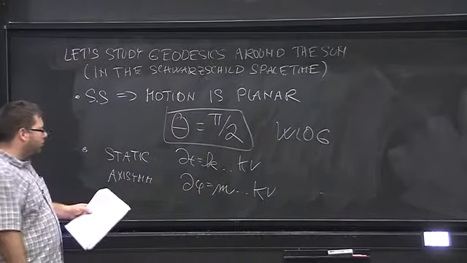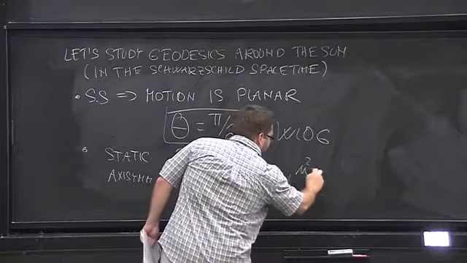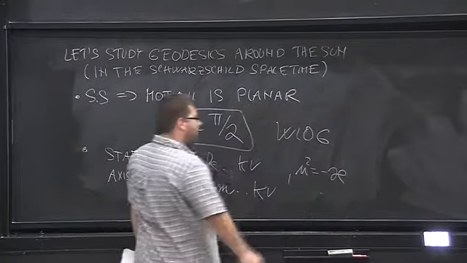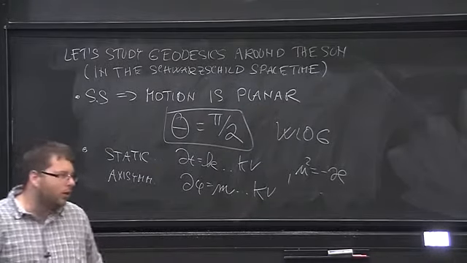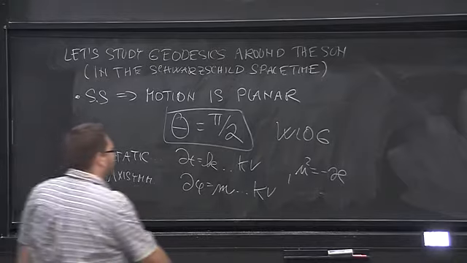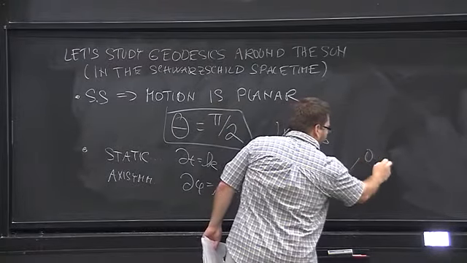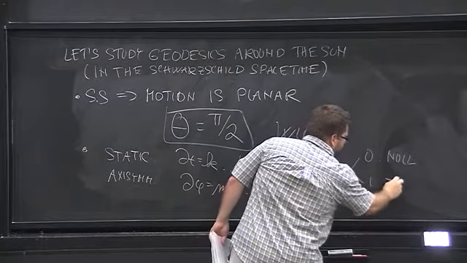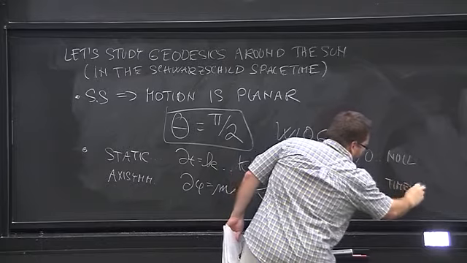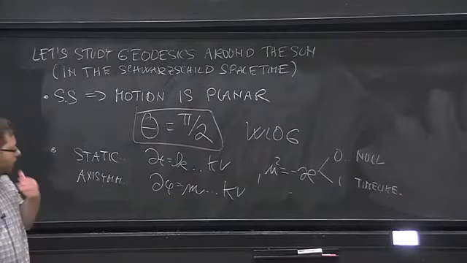And then we have also normalization of the velocity. U square equals to minus kappa, I'll write. So kappa is either 0 for null geodesics, or it's equal to 1 for time-like geodesics.